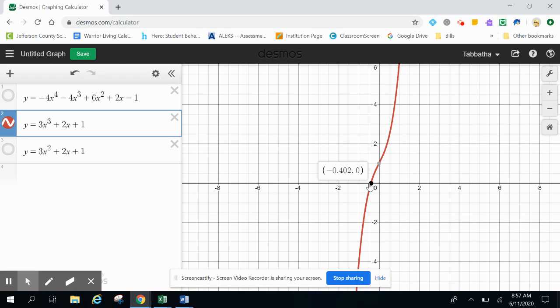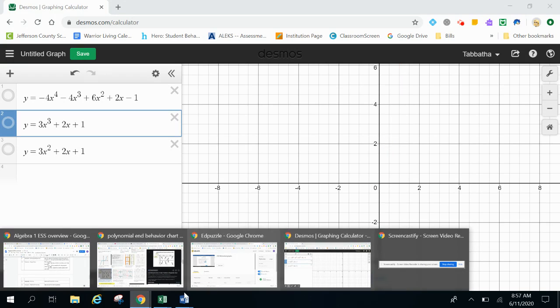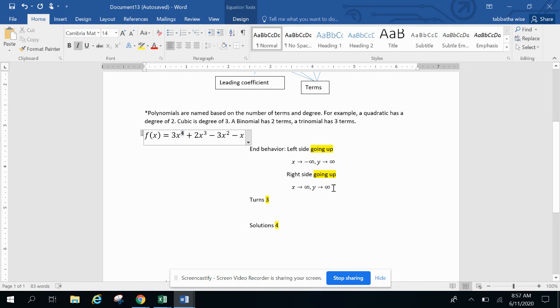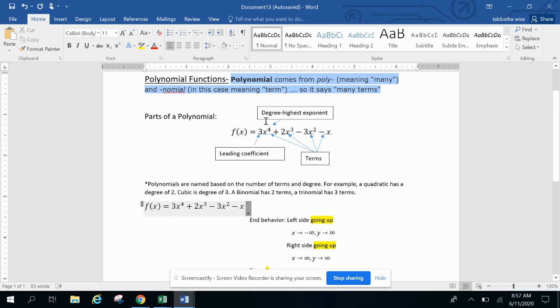The graph tells you how many are real and how many are complex. So when I ask you how many solutions, I'm asking you how many total. So just look at the highest exponent. So solutions: highest exponent, or degree.